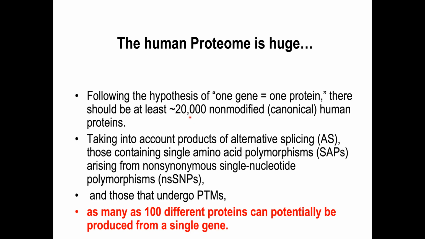And just for your interest, there are around 200 of them described, protein modifications that occur post-translationally. Then we can have as many as 100 different proteins that can potentially be produced from a single gene. So we have 100,000s of protein species in a cell. And this is a tremendous amount of proteins that is present in the cell.